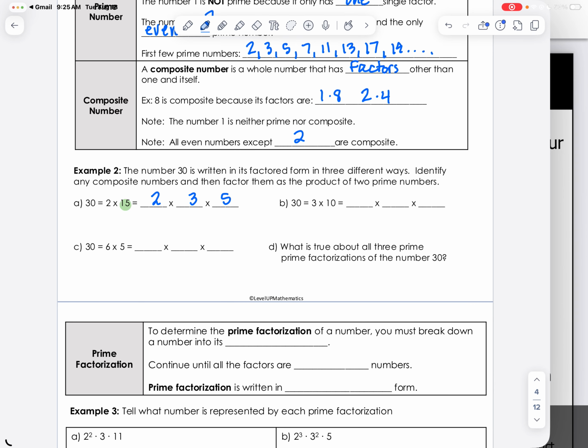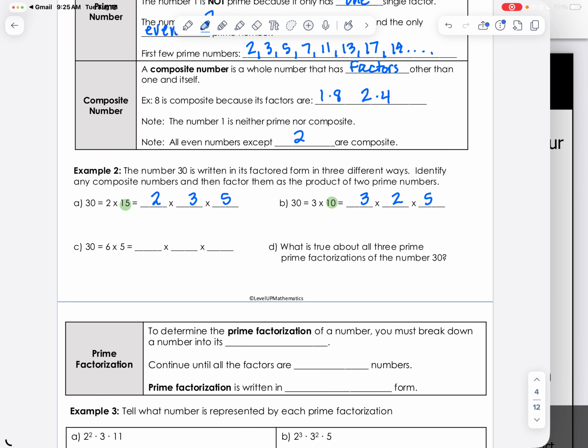3 and 5 are prime numbers. All right. Now, if we write 30 as equal to 3 times 10, then our composite number now is the number 10. So we can rewrite 30 as 3, and then we'll rewrite 10 as 2 times 5.